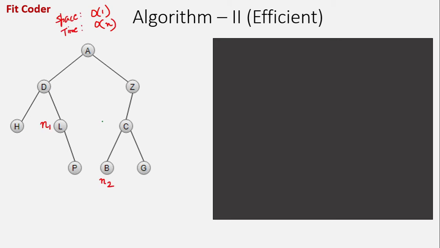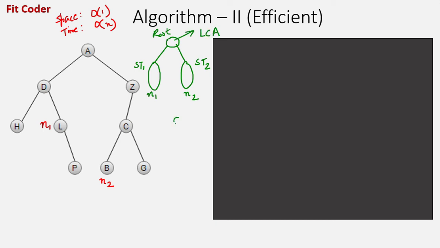This algorithm tries to find both nodes n1 and n2 in the tree. Let's say this is our tree, this is the root and this is our subtree 2. The algorithm states that if node n1 is in the subtree st1 and node n2 is in subtree 2, that means the root node is the LCA.